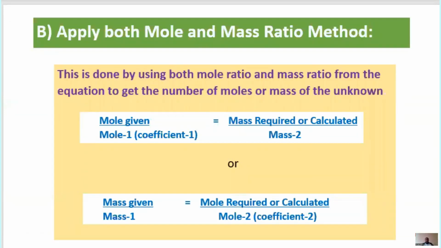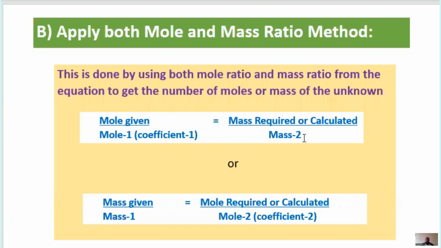You can use the second method, which is to apply both mole ratio and mass ratio methods. This is done by using both the mole ratio and mass ratio from the equation to get the number of moles or mass of the unknown. Mole given divided by the mole of the given substance equals the mass required divided by what?